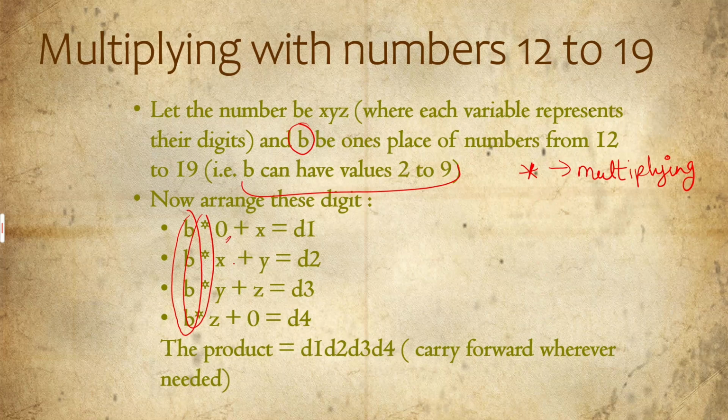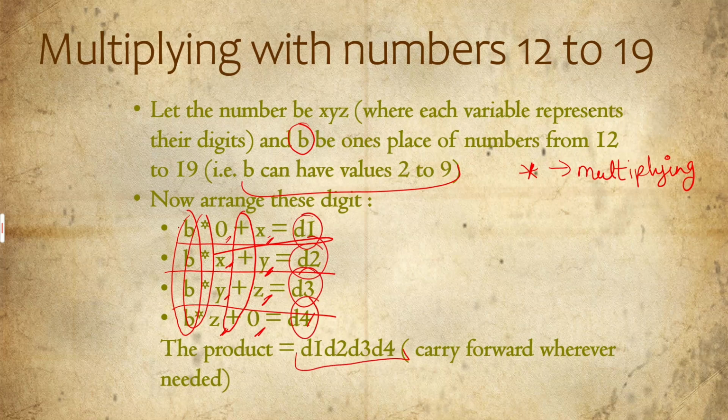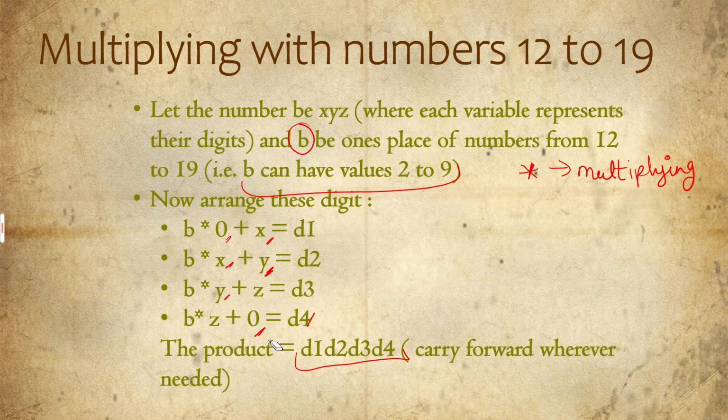So 0, x, that is the first digit, y, the second digit, z, the third digit. Then we add plus signs, then x, the first digit, second digit, third digit, and 0, right? Whatever answer we get will be D1, D2, D3, and D4, which we place next to each other, carry forwarding wherever we require, and then we find the final answer.